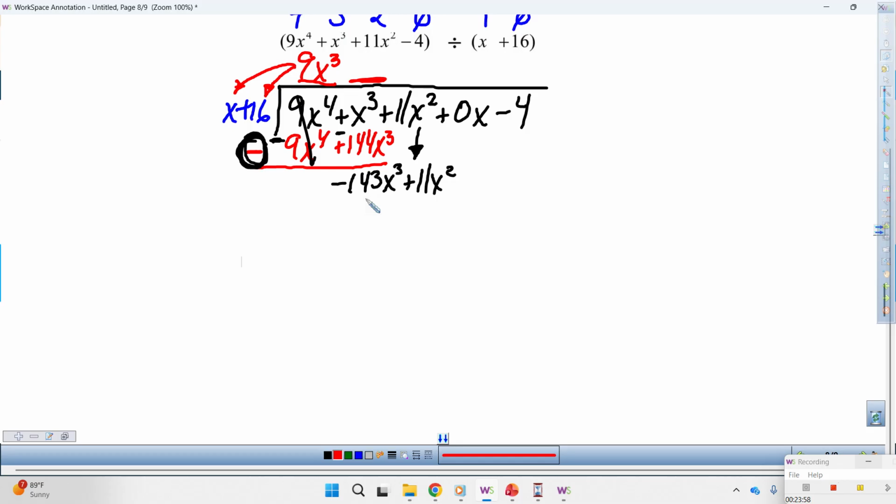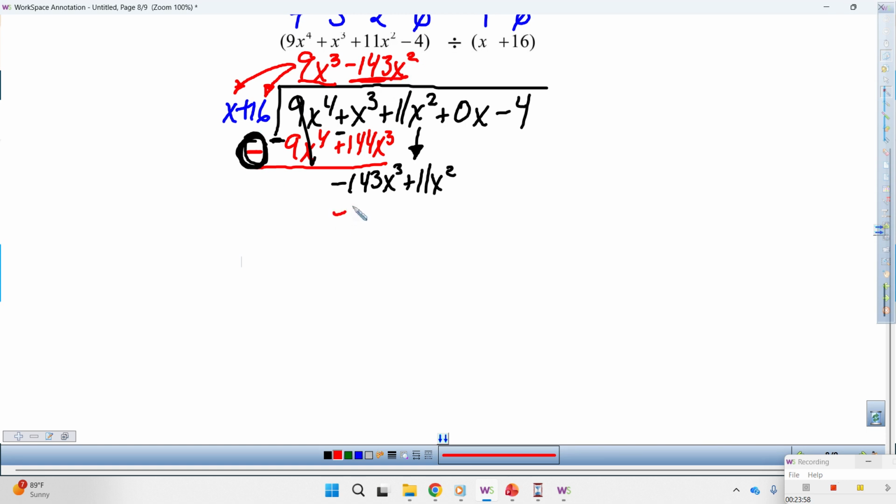Tell your neighbor, what's that number? Let's go with Julian. Negative 143x squared.